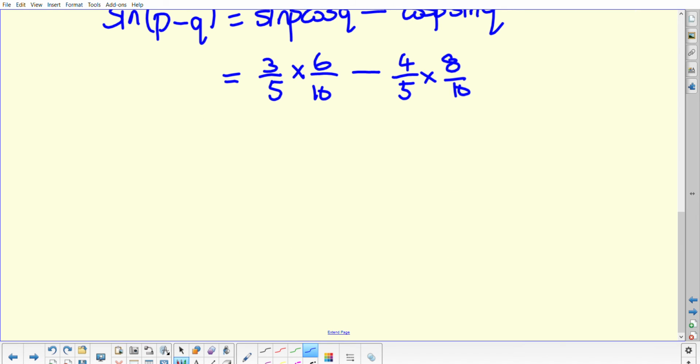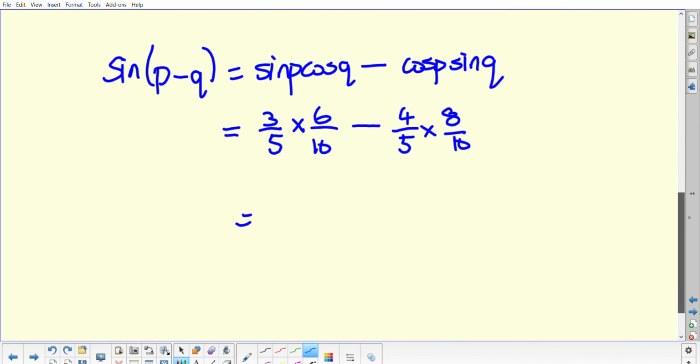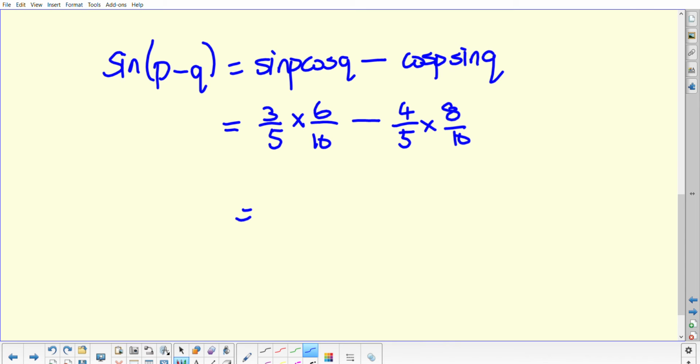And if we multiply these two things together, you might have simplified those. If you haven't, it doesn't matter. This would be the unsimplified version, but you could have written the 6/10 as 3/5 and the 8/10 as 4/5. So anyway, multiplying those together, you get 18 out of 50, and we get minus 32 out of 50.